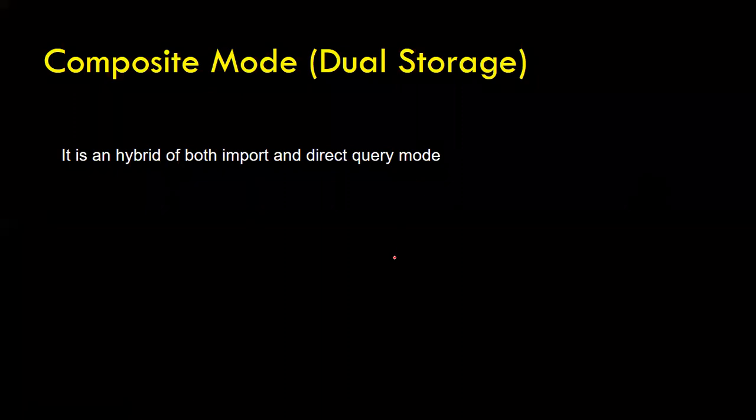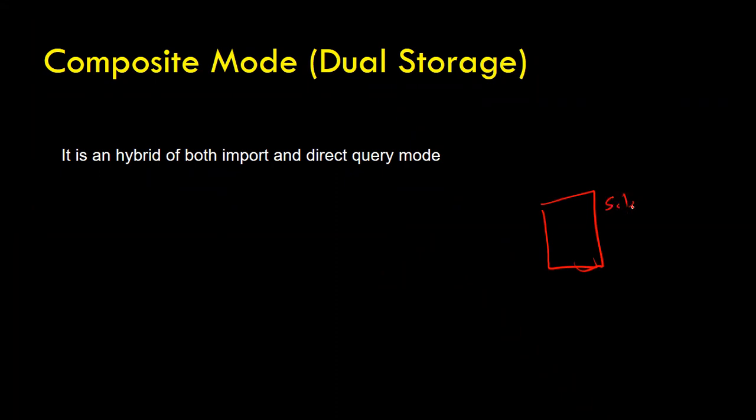something like this. This is your sales fact table. And here's something else called sales aggregation table. And you have something called date dimension.